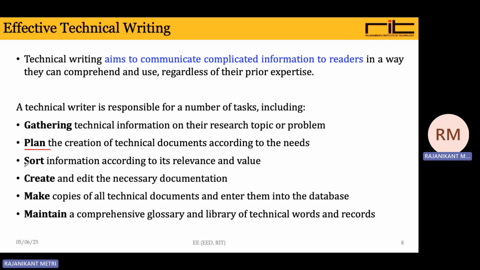If the writer has done an extensive literature review and gathered information from hundreds of papers, then the writer can go for writing a review paper. If the writer has done some simulation work and got some results, then he or she can go for a research article. These points can be carried out once the sorting of the information is done according to its relevance and value.